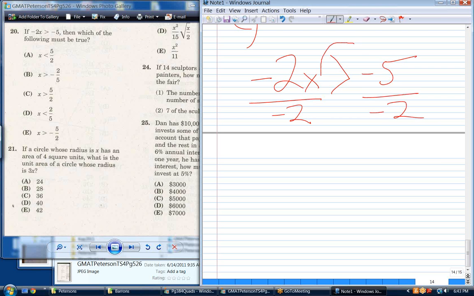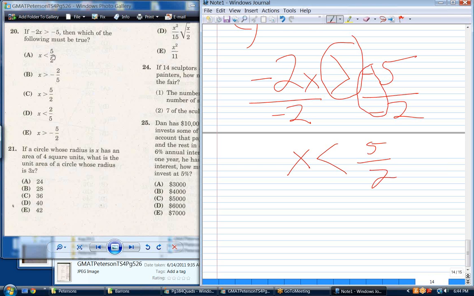Yeah, and what does that force me to do with that right there? You have to turn it around. Correct. So what's the answer? That x is smaller than 5 over 2. These two cancel one another out, so I just have 5 over 2.